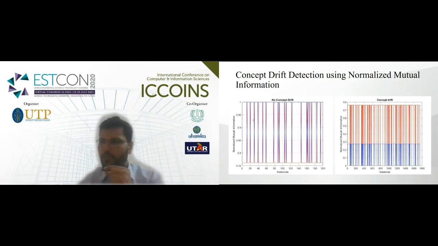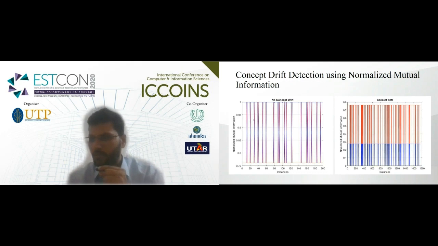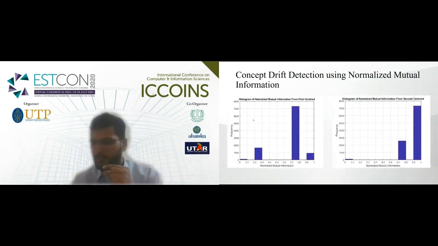The normalized mutual information based algorithm is applied to the k-means cluster to detect concept drift and the location of the detected concept drift. Mutual information was calculated from the two centroids. The threshold level was set at 0.8. If the value was less than 0.8, then concept drift is detected.